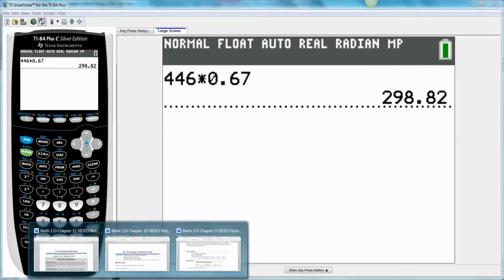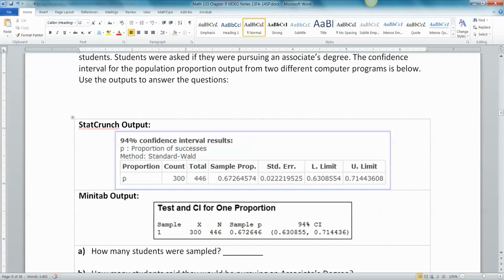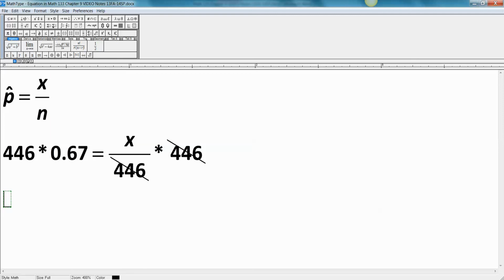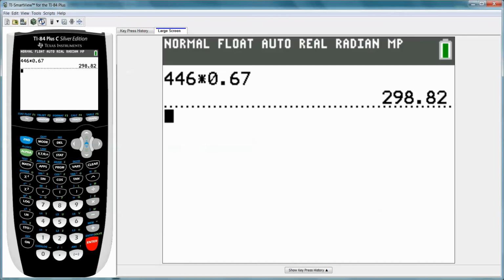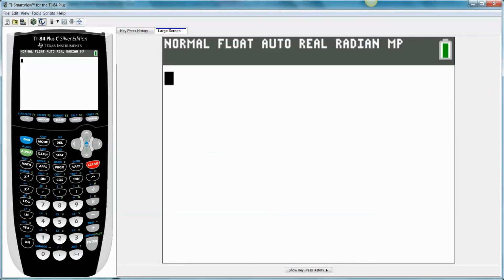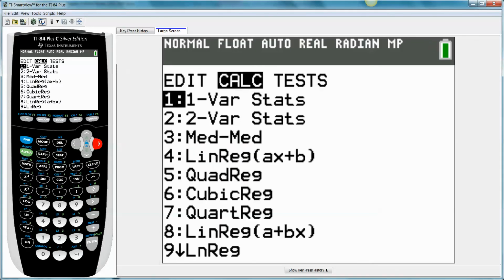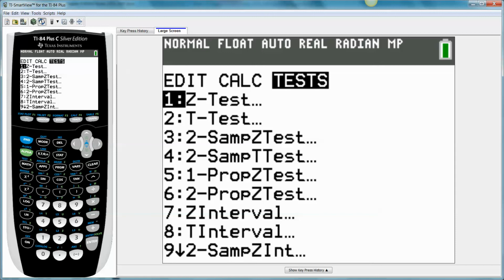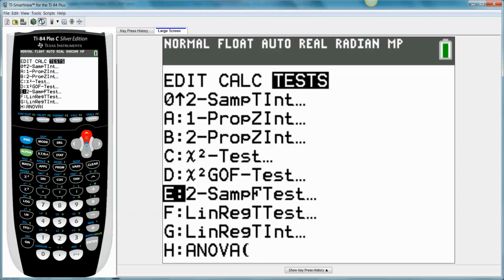Now I know it's not, but bear with me here. I'm just trying to teach you something real quick. Okay, so you'd say, oh, x is 298.82. Now, but here's the problem. If I go to my calculator and I try to do a confidence interval like that, so if I go stat, tests, and I pick 1-PropZInt, which is letter A, right there.